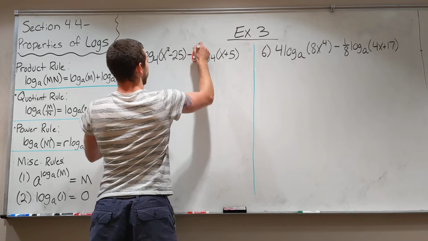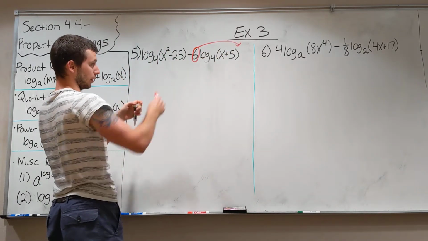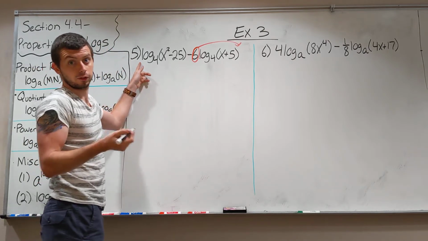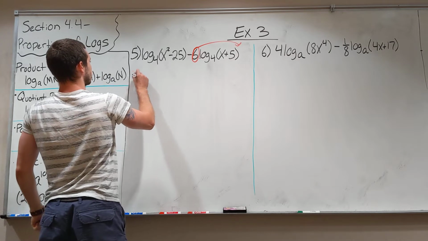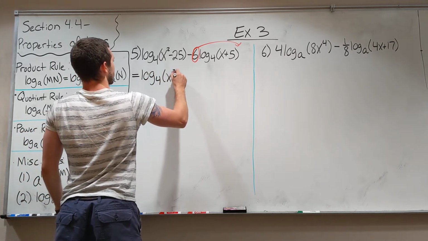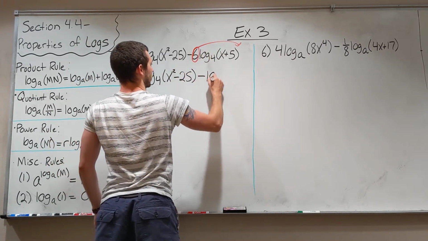I'll go ahead and use just the 6. Bring that to the exponent of the corresponding logarithm. This one doesn't have a number in front, so that one's fine. So we can go ahead and jot down this one. The 6 here is now the exponent.